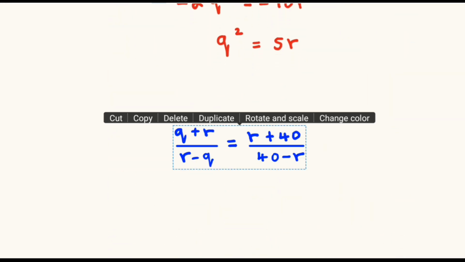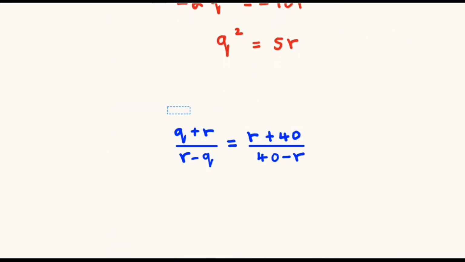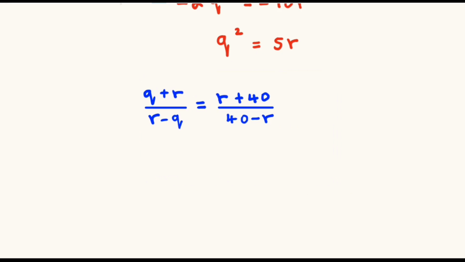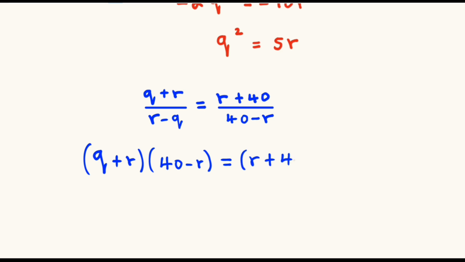So we paste that equation and we immediately cross multiply. So we have q plus r multiplied by the 40 minus r, and this is equal to r plus 40 multiplied by the r minus q.